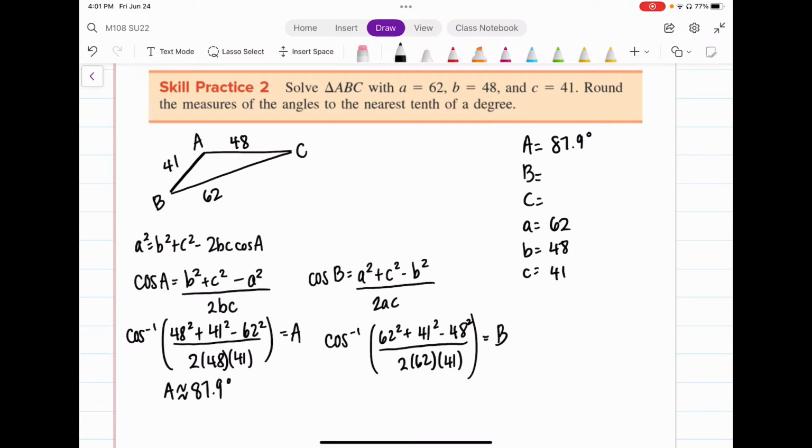That's going to be equal to angle B. Angle B rounded to 1 decimal place is 50.7 degrees.